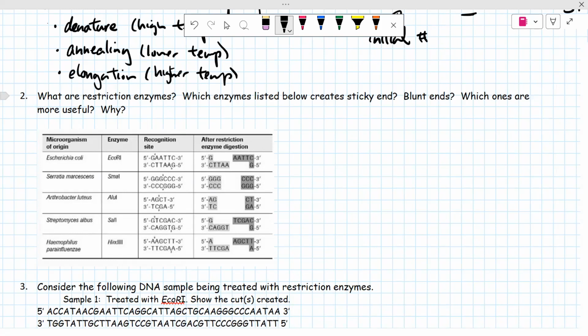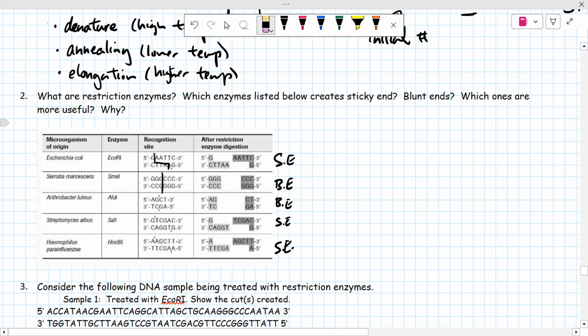So we extract them from different bacteria, and sometimes it cuts zigzag, sometimes it cuts straight. So this is a sticky end, this is a blunt end. Again, sticky end, sticky end. Which are more useful?